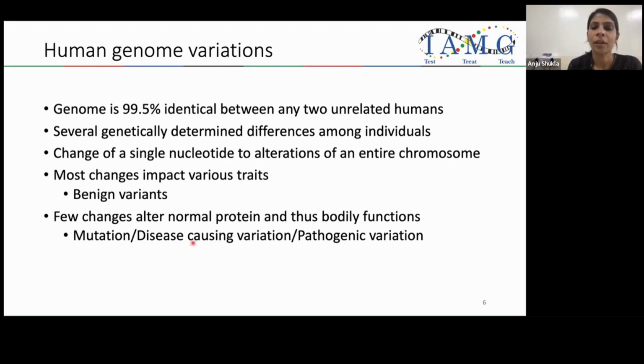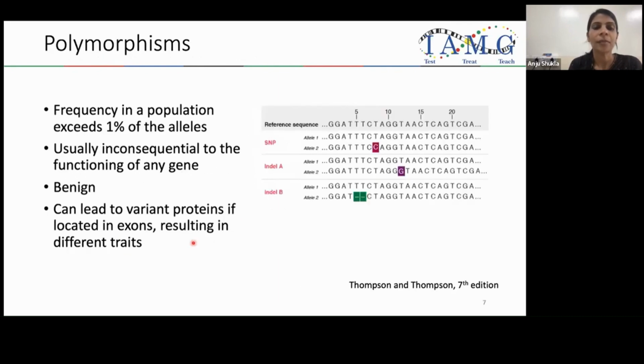Now, preferably, we call them disease-causing variations or pathogenic variations. So this is one class of human genetic variation, which is called a polymorphism. Polymorphism, by definition, is a change which is present in more than 1% of the alleles in that particular population.